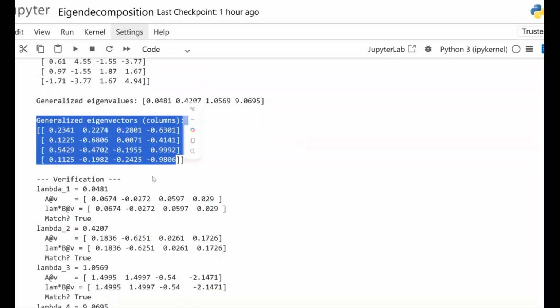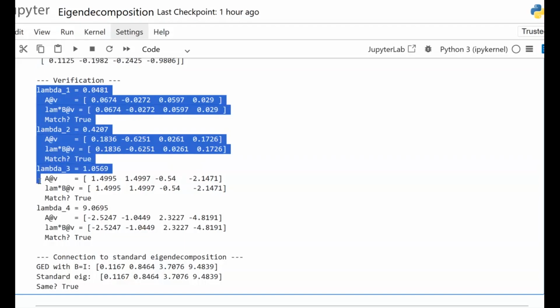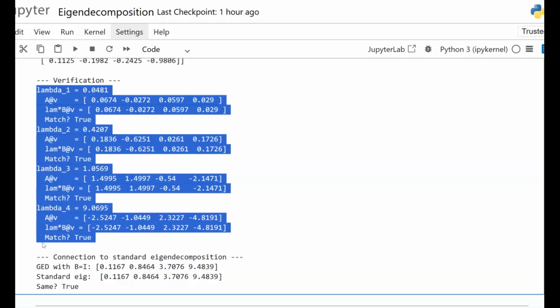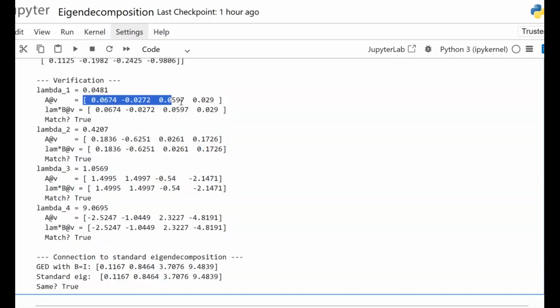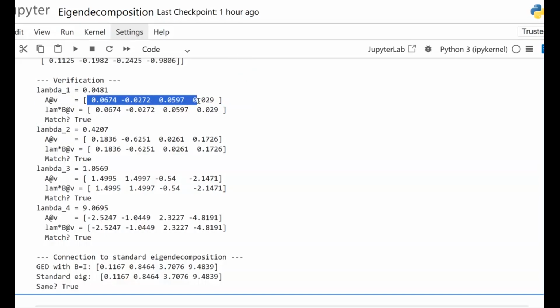When we interpret the GED, here we get the verification using the allclose functionality, that is AV equals lambda B times V sub i. So this is the A times V, and this is the lambda B times V, and kindly observe, both are equal. So this confirms numerical correctness.